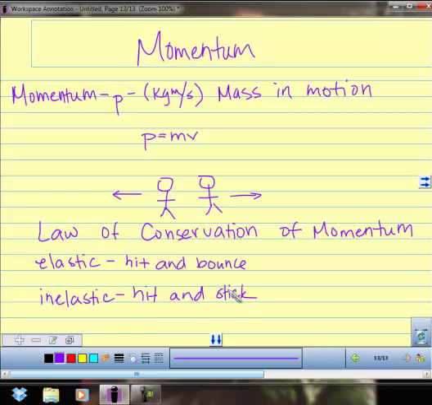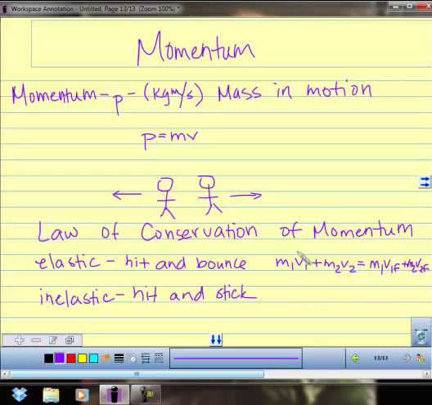The formulas for the conservation of momentum, no matter which type of collision it is, are pretty much the same, but we can write them in different ways so that we can attribute it to that type of collision. So for elastic, we have m1v1 plus m2v2 equals m1v1 final plus m2v2 final.